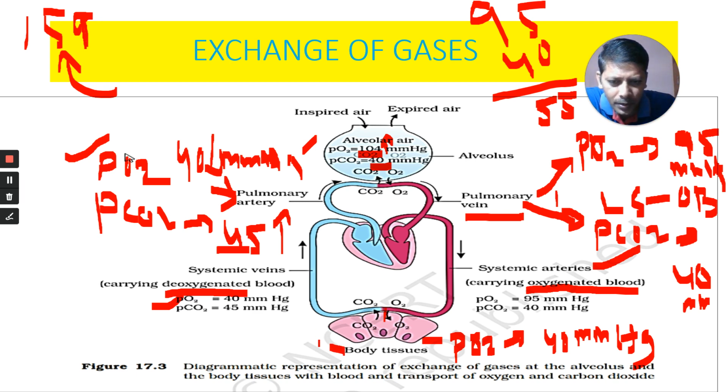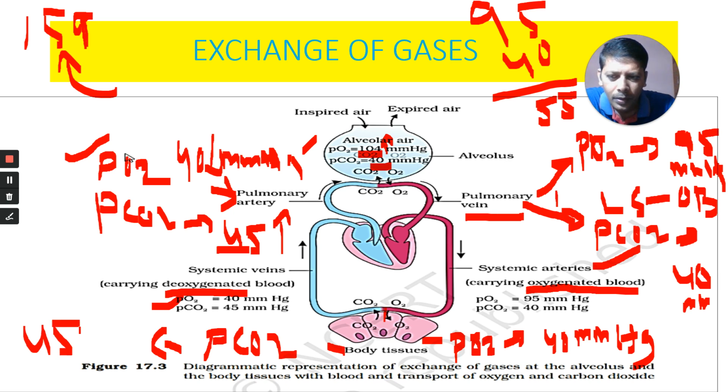The PCO2 in the tissues is 45 mmHg, because here cellular respiration takes place and more carbon dioxide is produced. What is the partial pressure of carbon dioxide in the blood coming here? 40. Here 45. Now the partial pressure is more in the tissue cells, so it is diffusing into the blood.